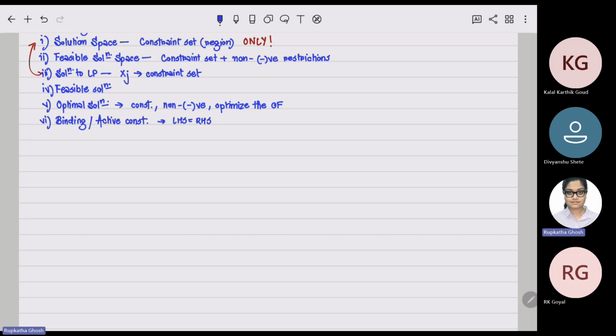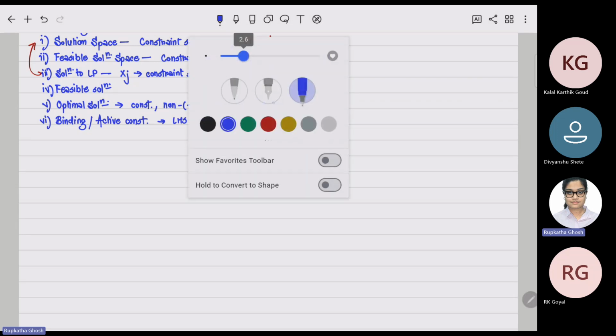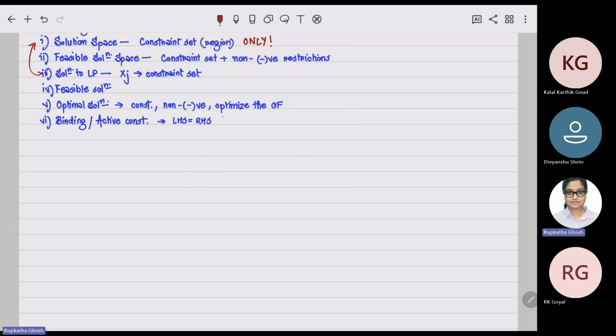When you are substituting the optimal values of your decision variables into the constraint, if you find that your left-hand side is equal to the right-hand side of the constraint, then that is a binding or an active constraint. Another thing we also say, I guess you know, slack or surplus, is basically 0 for these kinds of constraints.